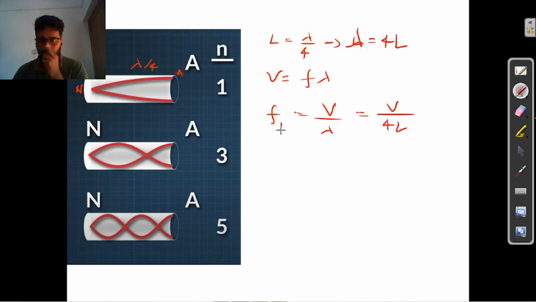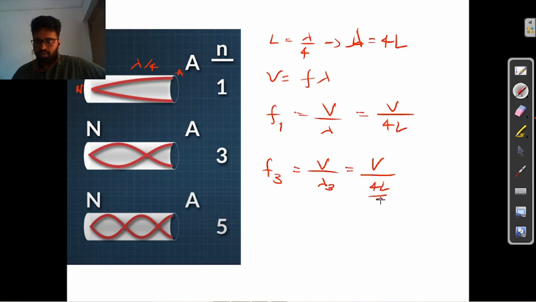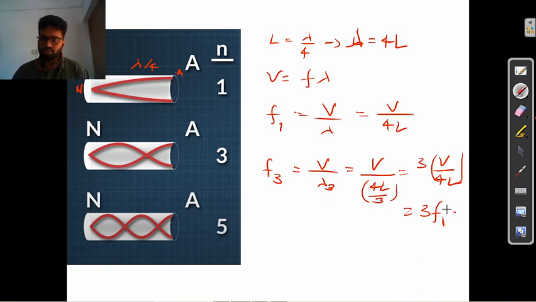So F1 is equal to V by 4L. Similarly, F3 is equal to V by lambda 3, and lambda 3 is nothing but 4L by 3. So you have V divided by 4L by 3, which can be represented as 3V by 4L. As V by 4L is F1, this becomes 3F1. So that's how it goes on. So similarly, F5 will be 5F1.